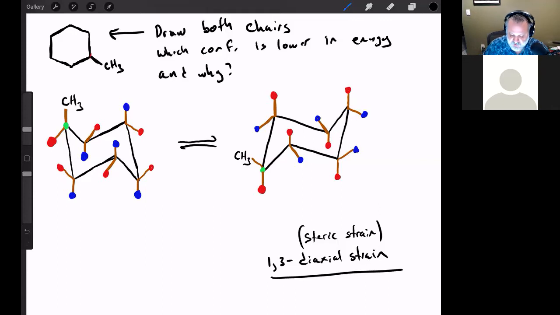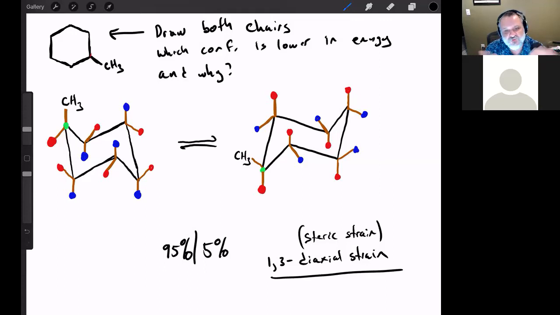One of these conformations is the conformation that exists at room temperature in the vast majority of molecules, 95%. The other conformation only exists in about 5% of the molecules at room temperature.